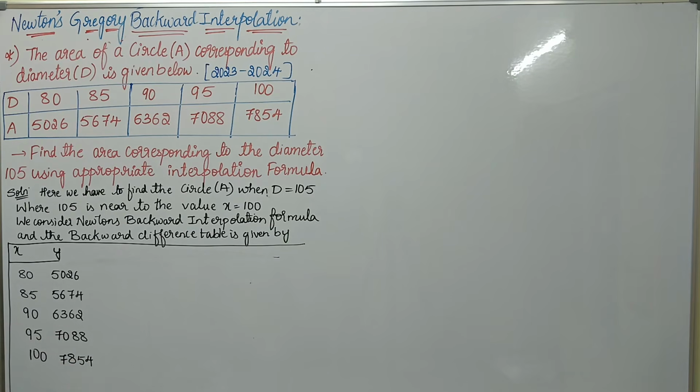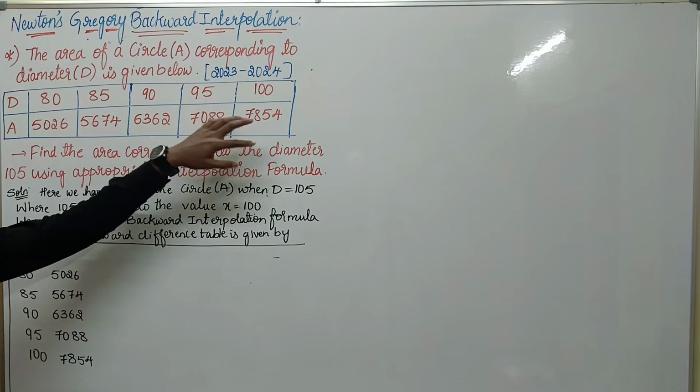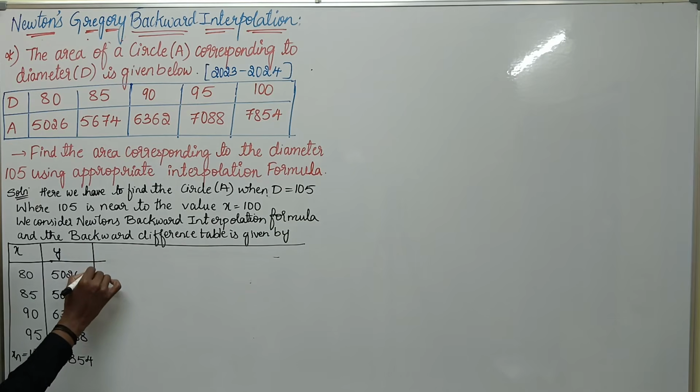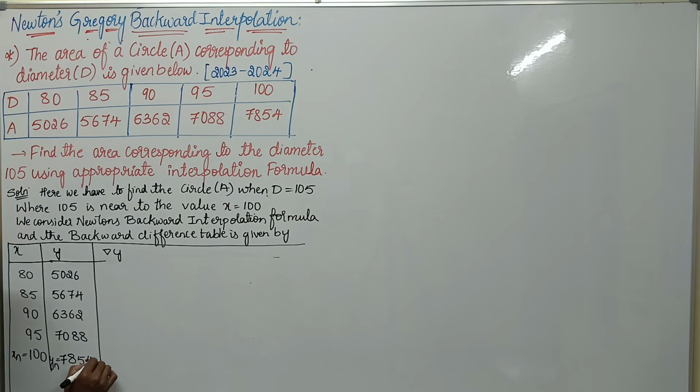Since I need to find the value at 105, I need to consider the backward interpolation formula, so I am going to represent the last value as xn, and this as yn.